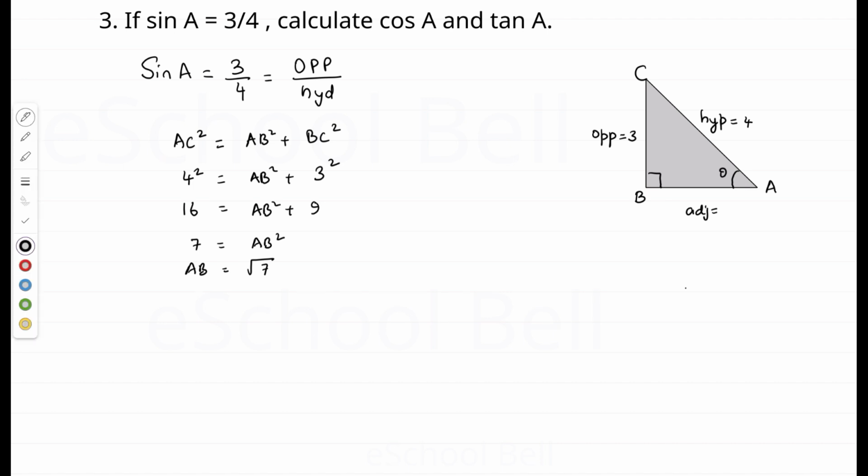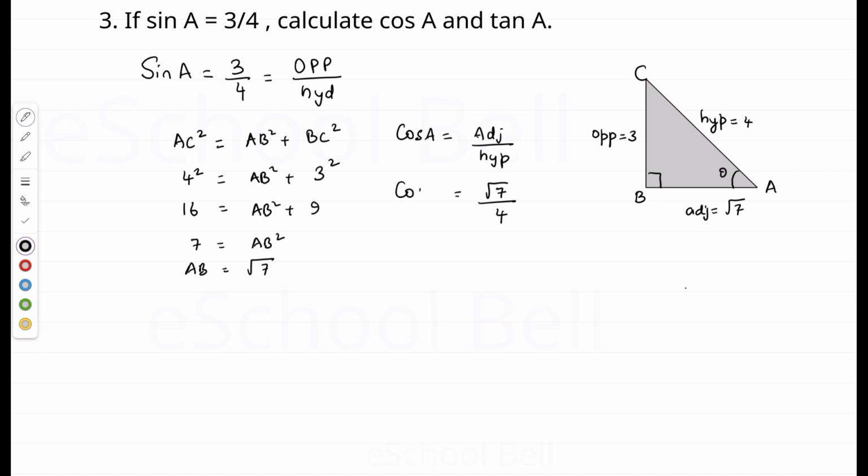Now we have to find cos A. Cos A is given by adjacent by hypotenuse. So here adjacent is root 7 and hypotenuse is 4.